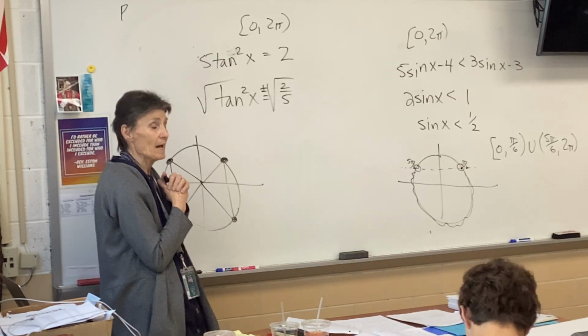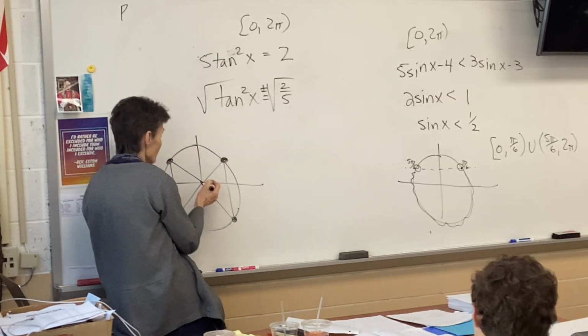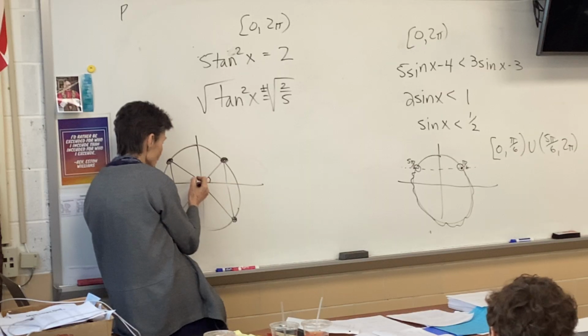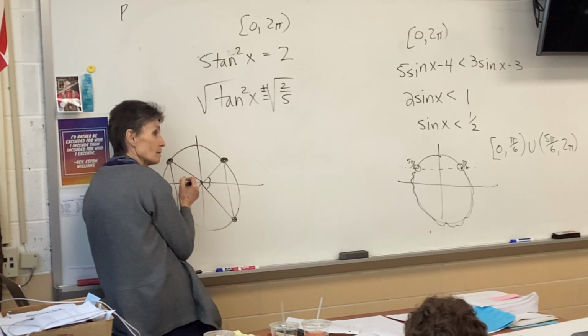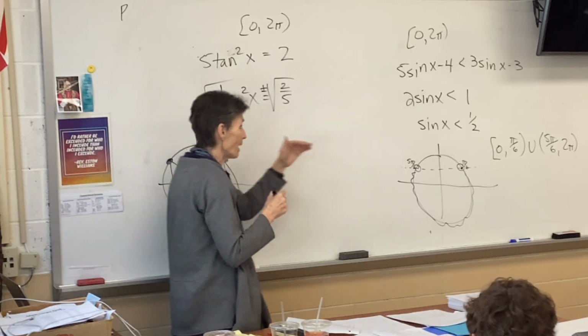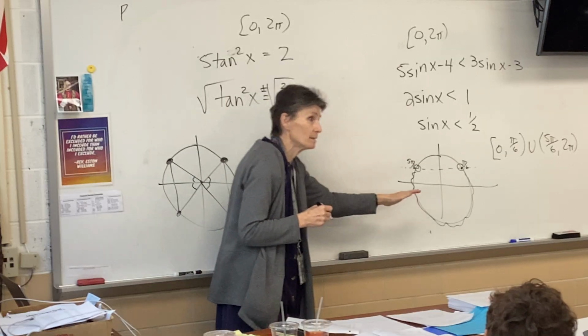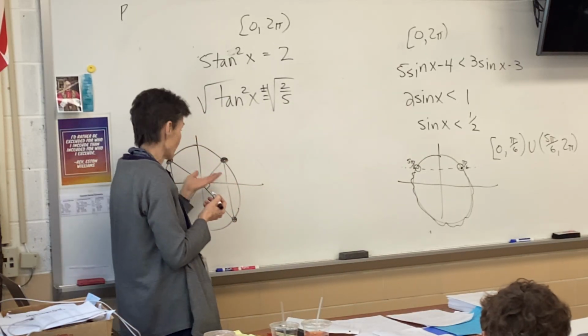Now, the good news is all of these angles are the same. It's like having a pi over 6 in every quadrant, only it's something I don't know in every quadrant.